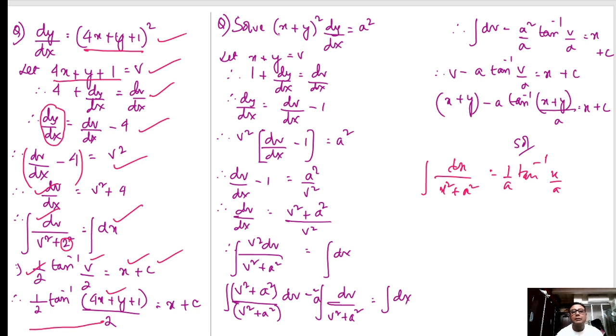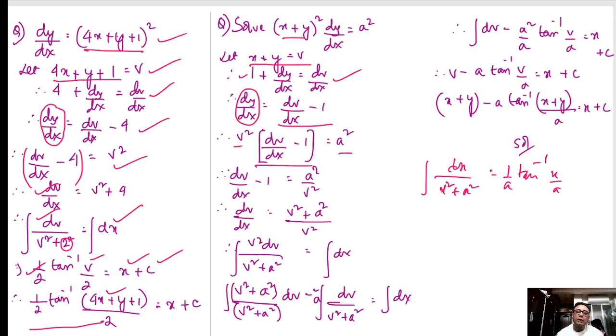Similarly, if this is the sum, we cannot separate x and y from here. So again let us put x plus y equal to v, differentiate on both sides with respect to x, and replace dy by dx with this. So here we have replaced it, this becomes v square, dy by dx is this, equal to a square.